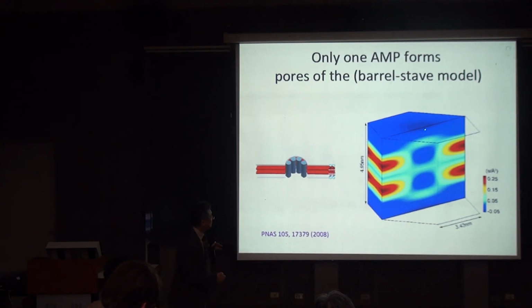Only one makes holes in the membrane by lining up the hole. This is what everybody expected. It will line the hole. If you read the older literature, people guessed how they make holes. They all draw this cartoon. But this is a wrong cartoon. Only right for one particular antibiotic.